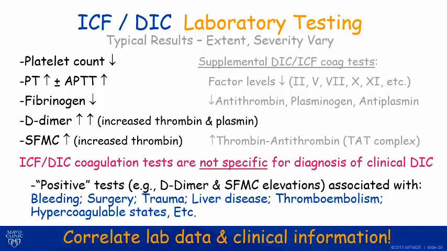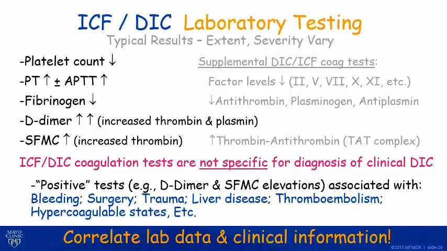The tests, though, are so commonly provoked by physiologic and pathologic conditions that by themselves they're not diagnostic. You need a clinical assessment and a clinical assessment tool, and we still lack really effective pretest probability tools for suggesting DIC.